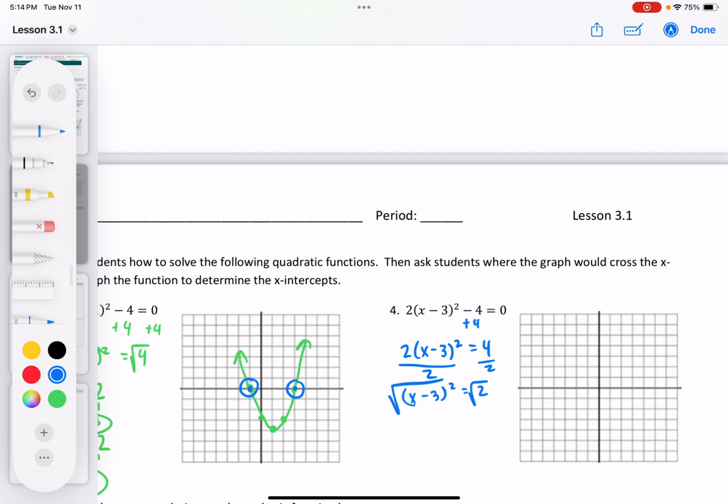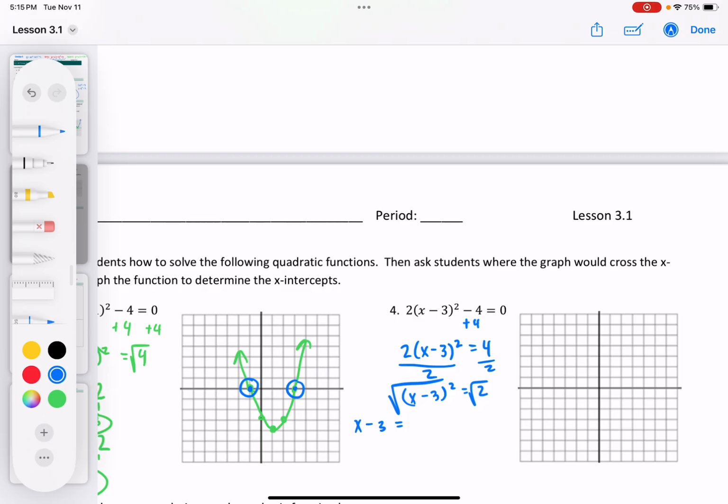We're going to get, again, 2 equations. X minus 3 equals, if you put square root of 2 into your calculator, it's going to spit square root of 2 right back at you. So we could get a decimal from it, but we don't want to have decimal answers. We want to have exact answers.